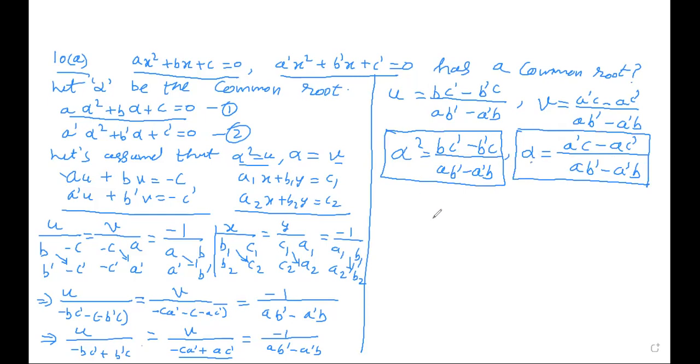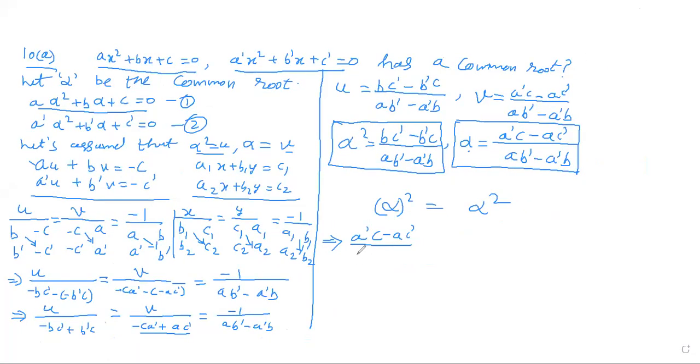This is alpha, this is alpha square, and we know that if we square alpha, it becomes alpha square. So in place of alpha, if we write the value of alpha, a dash c minus ac dash over ab dash minus a dash b, whole square equals to the value of alpha square taken from this, bc dash minus b dash c over ab dash minus a dash b.